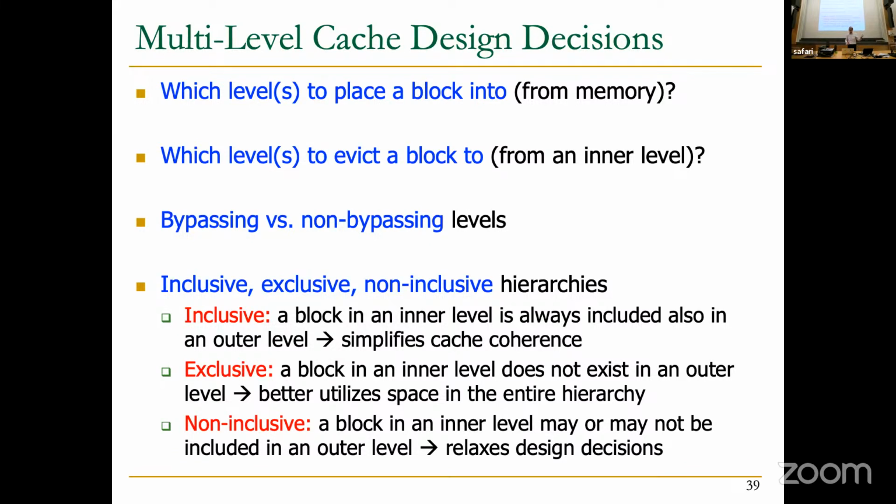In inclusive hierarchy, you need to ensure that every other outer cache has it. In a non-inclusive hierarchy, you don't need to care. You can basically bring some data and some other cache may also have it, fine. As long as you keep it coherent and consistent, no problem, right? So, okay, there's more to talk about in this design decision also, but I gave you the basics, hopefully. But now you can see other dimensions also, right? When you go to multiple levels.